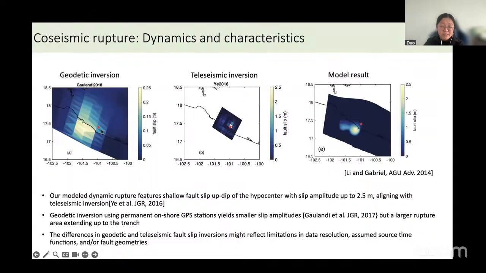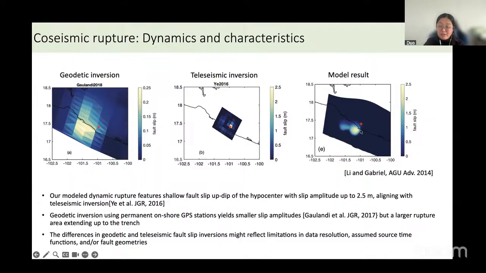We see the hypocenter is a red star. The source models are very different, because the geodetic inversion always gave a very widespread and small amplitude for the coseismic slip, while the teleseismic inversion has quite a small rupture area but very high slip.